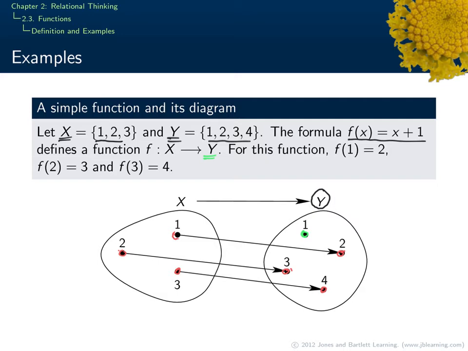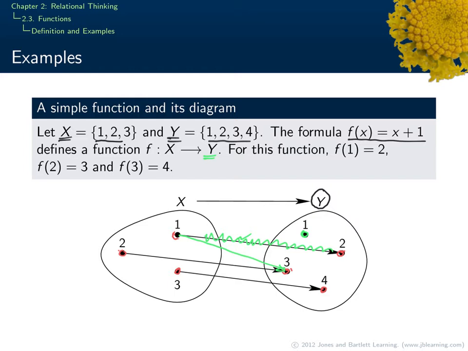Okay, so now let's try to do something else here. Let's suppose that the arrow that joins 1 to 2, that is this arrow right here, let's suppose we were to erase that arrow and replace it with an arrow that sent 1 to 3. So we're going to imagine that this arrow is gone. Right here, that's gone. And now the only elements of Y that we're using are 3 and 4.